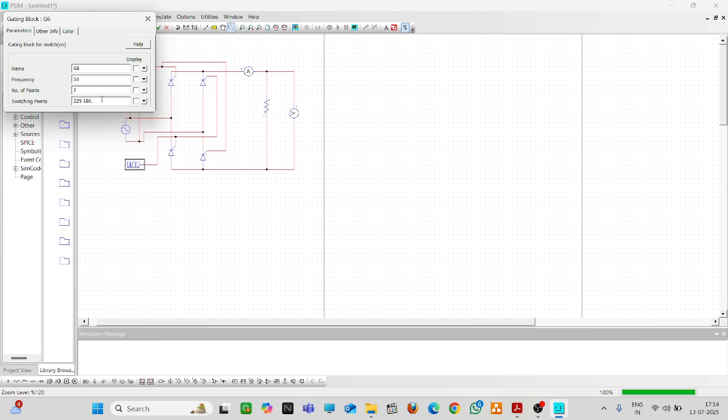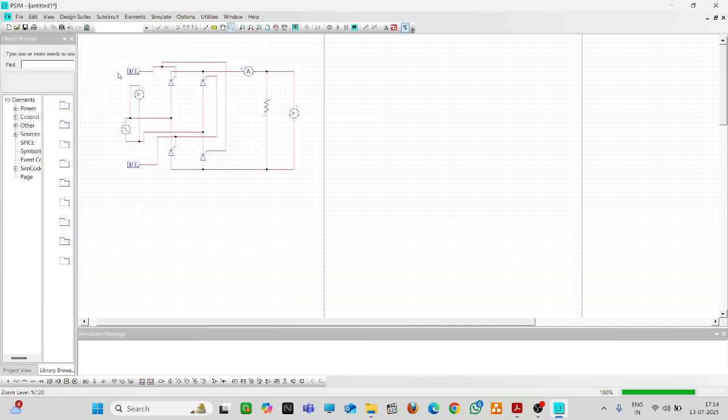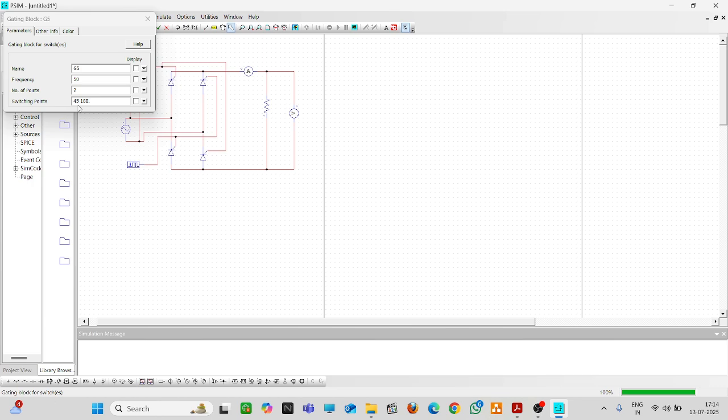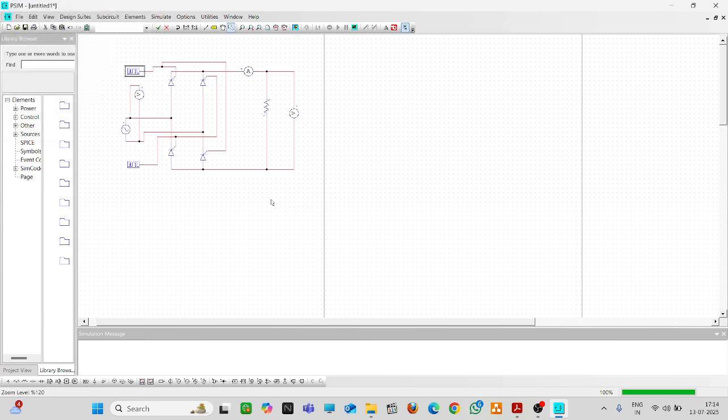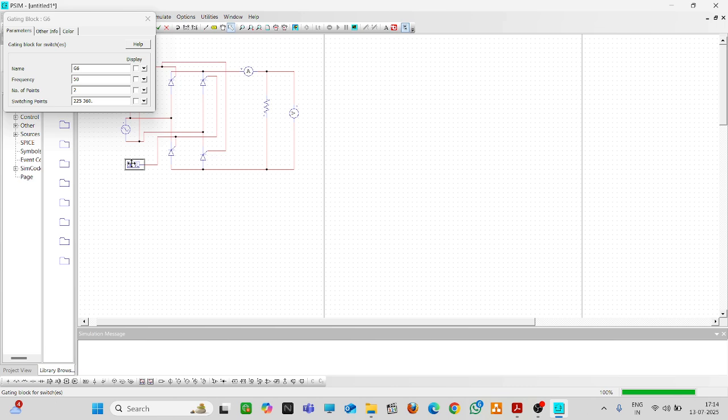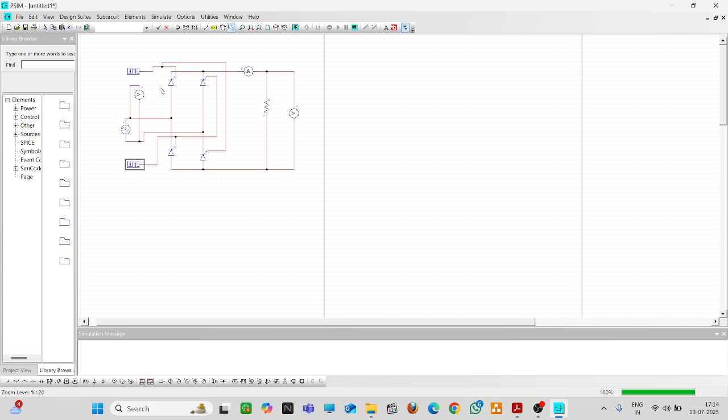You have given the alpha, that is the gating pulses, at this angle, because one cycle is 360 degrees. So depending on the values of firing angle, or you can say the values of switching points, I think everything is set.